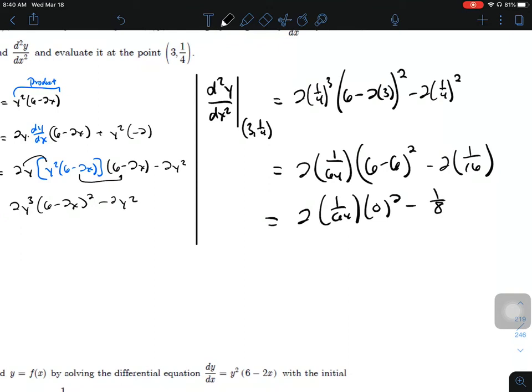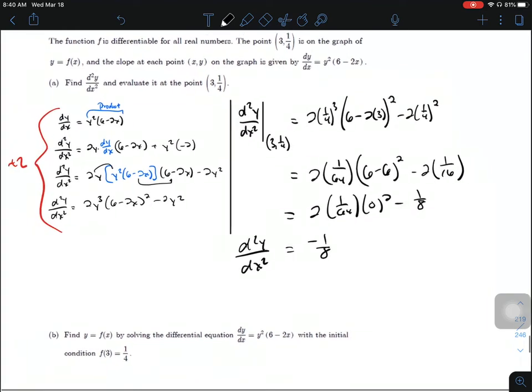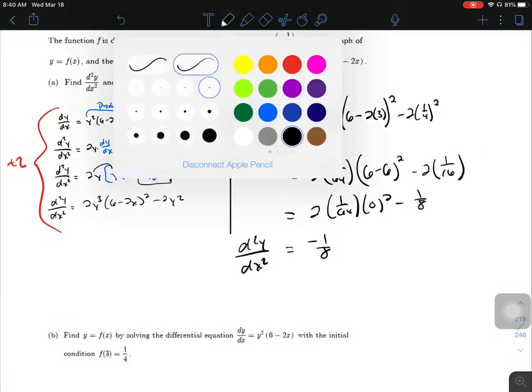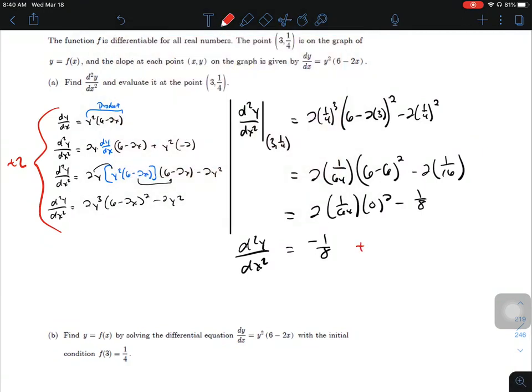And this is going to be 0 minus an eighth, so that's a negative 1/8. As far as points go, you would get 1 point if you successfully got negative an eighth, or even possibly if you just plug the numbers in. I'm not an expert on scoring at this point.